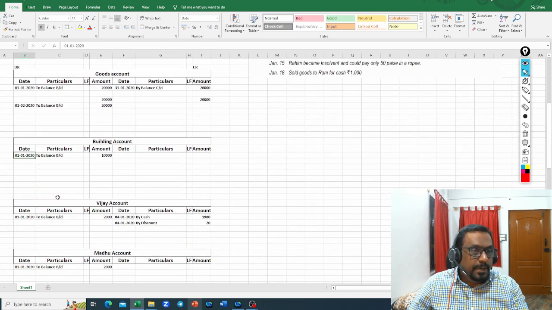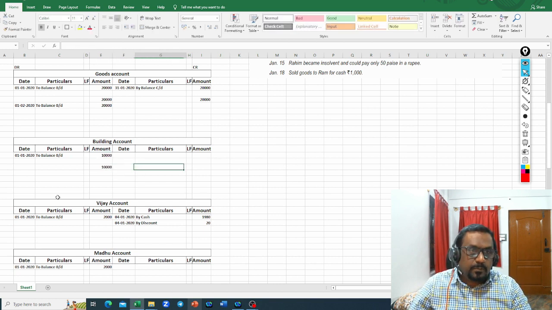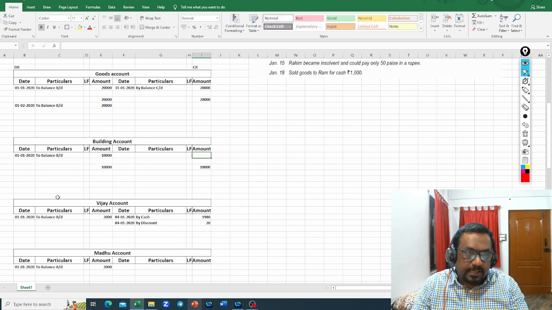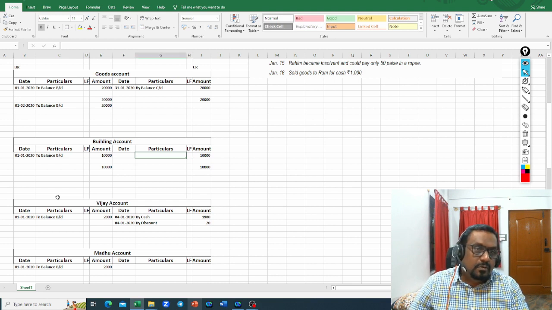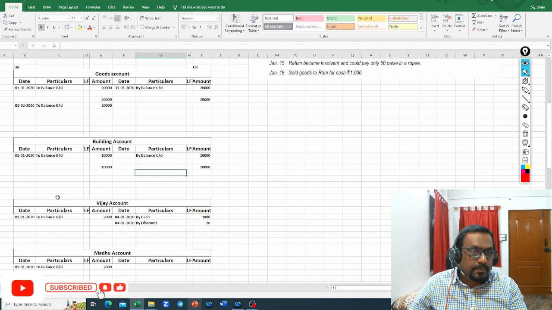Next, go to the building account. You have a building account balance of 10,000 here. Let us put the same total here, 10,000, and put 10,000 rupees here, and you don't have anything to subtract. So put the same 10,000 and make it by balance carried down. Right? And then what am I supposed to do?